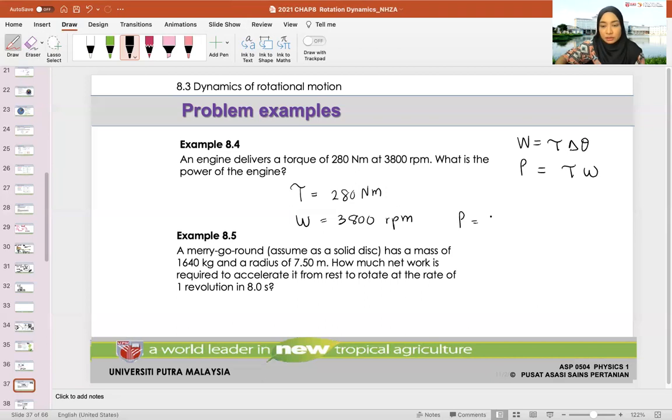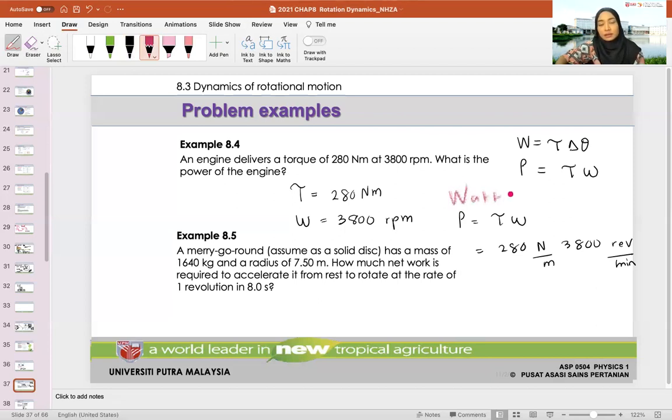So P is equal to torque times omega. So this is 280 Newton meters, and my omega is 3,800 revolutions per minute. What is the unit for power? Watt.